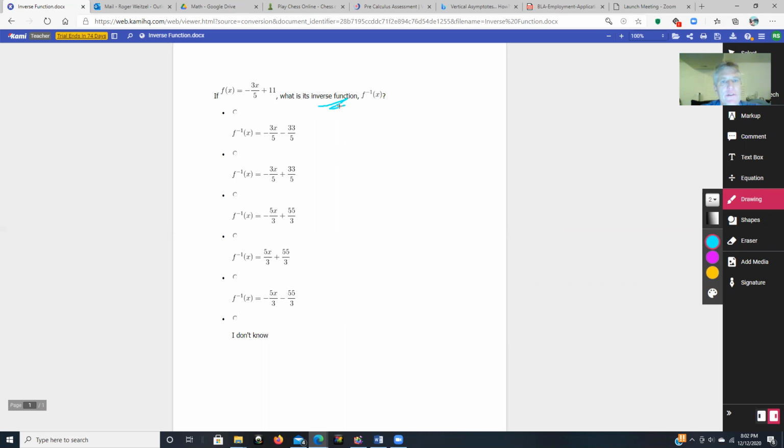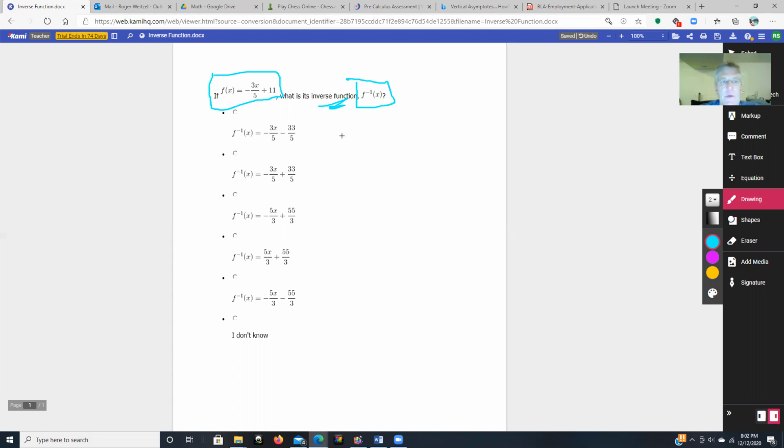So our goal here is to determine the inverse function. We're given this function, and it's asking us to find the inverse function. This f to the minus 1 is the way that we represent an inverse function. And that's what we're going to try to do here.